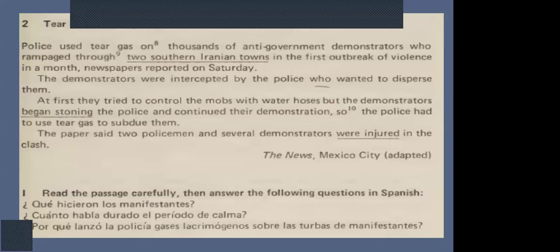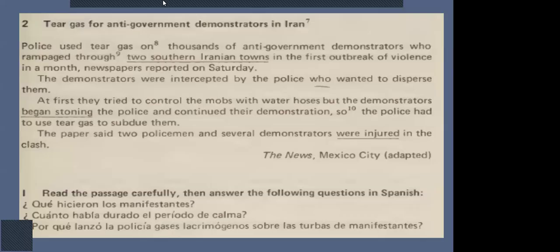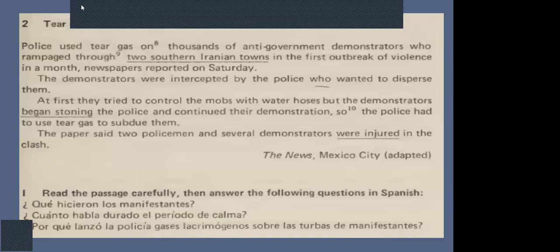Do you want the answer for the first one? Absolutely, yes. Okay, as it says in Spanish, los manifestantes causaron disturbios, podría ser, en dos ciudades del sur de Irán. ¿Cuánto había durado el periodo de calma? ¿Un mes?